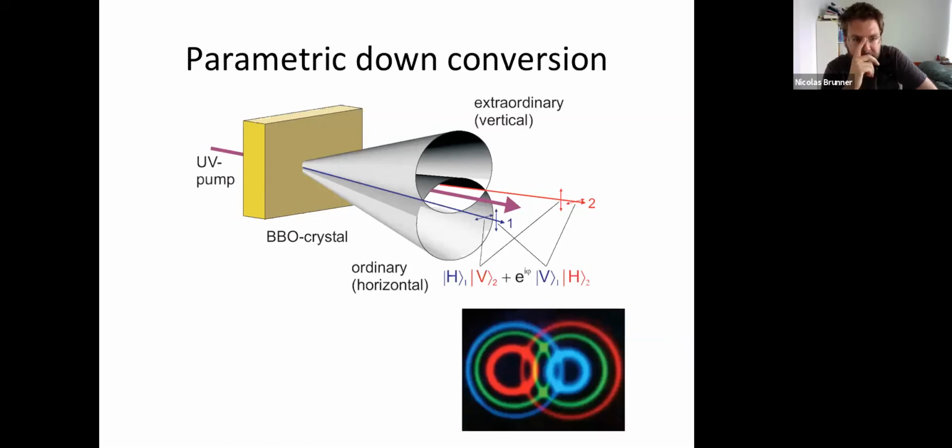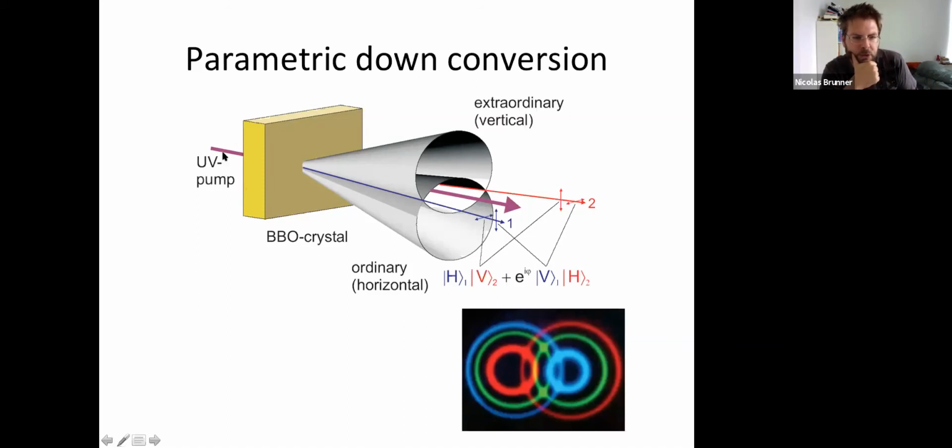But what is going on in this crystal is a nonlinear process of down conversion, right? And what happens here, I'm sorry, I don't have the formula, it would be useful, but I will explain it with words. What happens in this crystal is that an incoming photon comes from a UV laser pump, in the ultraviolet.